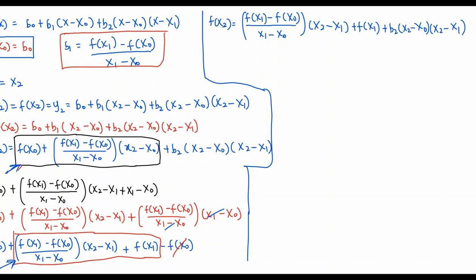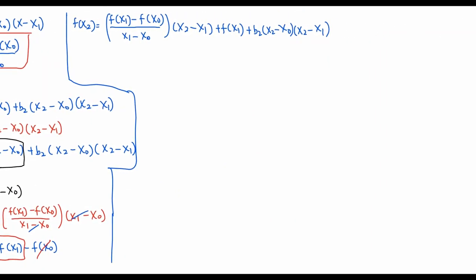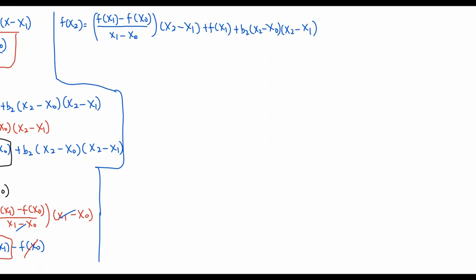So now let's put our focus on this. Let's look at how you're going to make b2 the subject here. All right, so let's continue. So at this point we have f of x2 to be equal to, bracket open, f of x1 minus f of x0, divided by x1 minus x0, right?